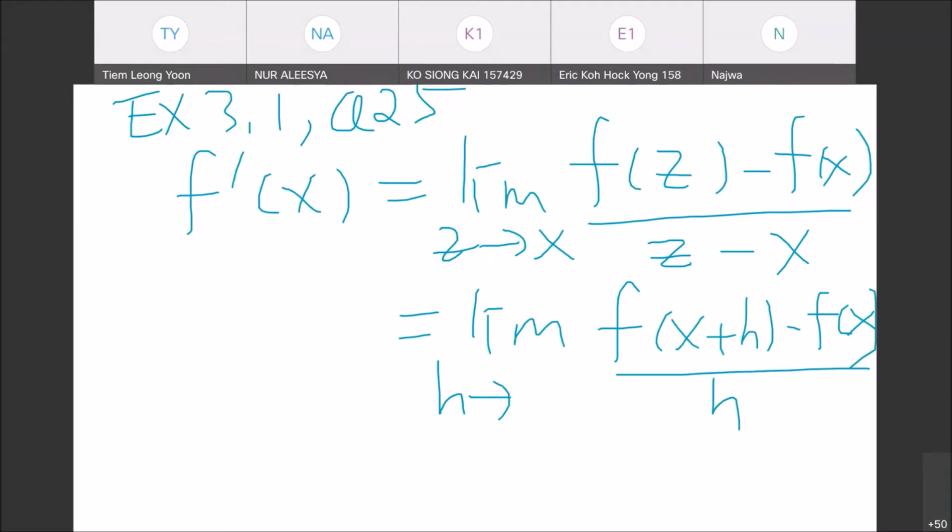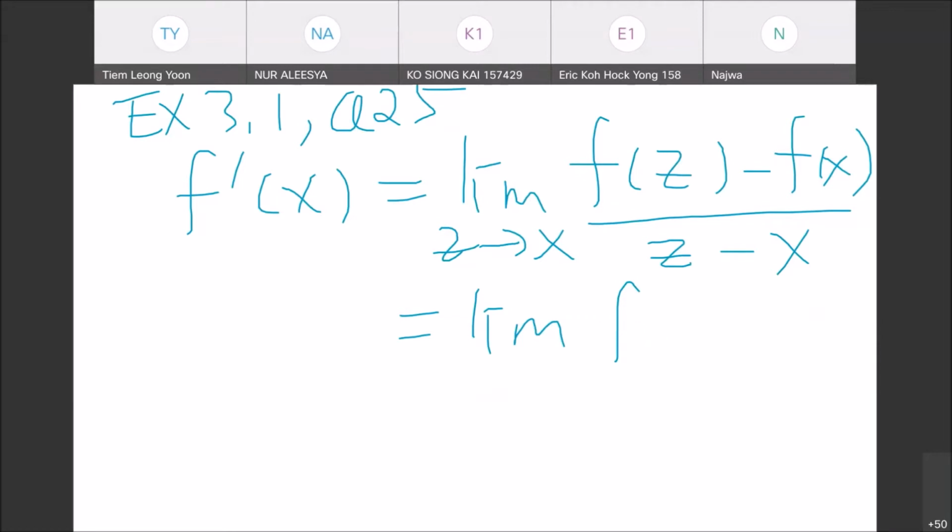But anyway, we are not going to use the second expression in terms of h. We are going to use it in terms of z. Okay, so it should be exactly the same thing. Now you just have to write down the expressions for f(x) given by the function. Here the function is in terms of g, but whether it's g or f, it's still referring to the same thing.